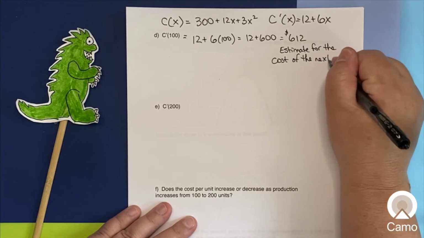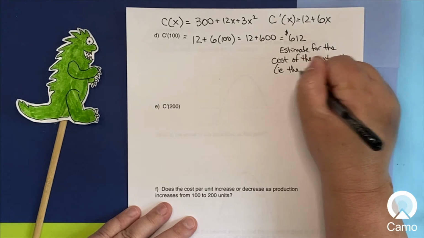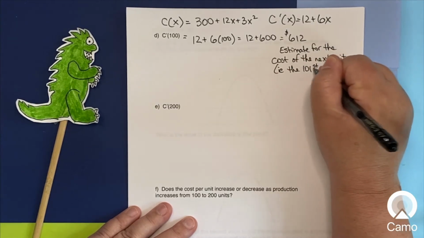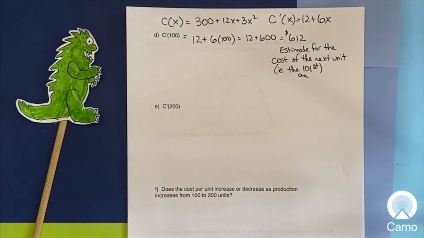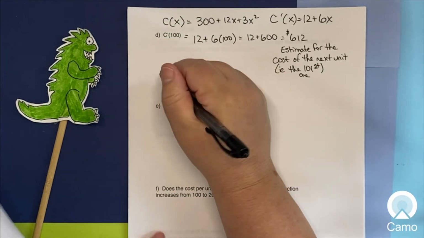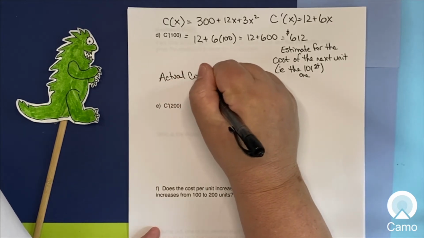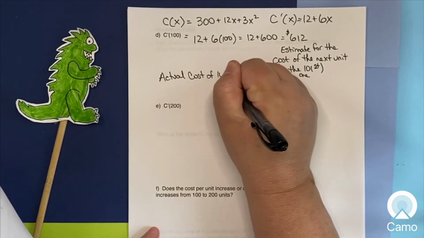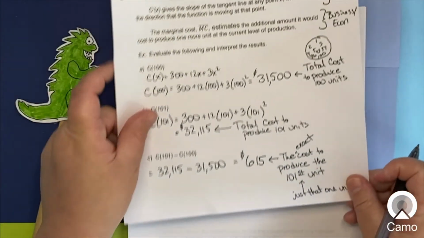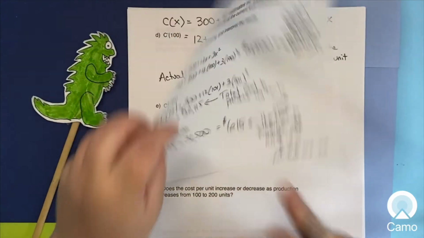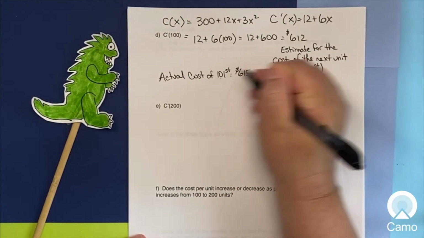Now, what was our actual cost? Our actual cost from the previous page was $615. Our estimate was right here.